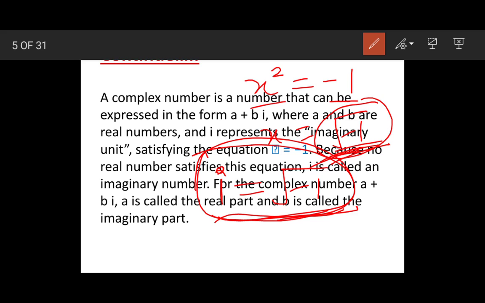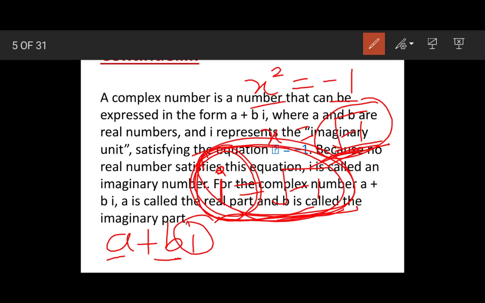And when we write a real number using this imaginary number, that number is known as a complex number. So complex numbers are numbers written in the form a plus bi, where a and b are real numbers and i is under root of -1, meaning imaginary number.